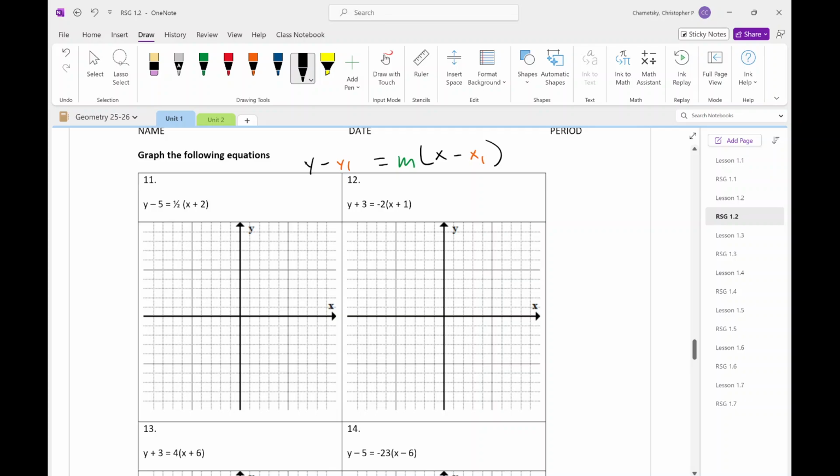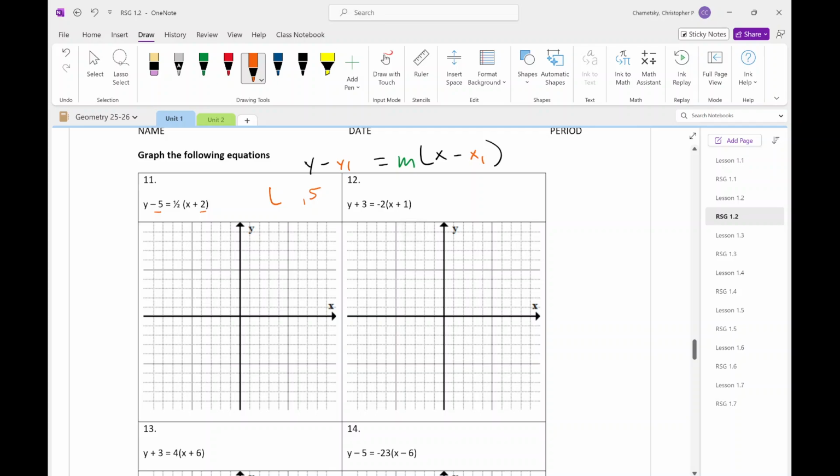So the key to this is recognizing what is your slope and where is your point. And in number 11, we see our y1 and x1 coordinates. So the coordinates of that point is, we know the y coordinate is going to be 5 because it's minus the y coordinate.